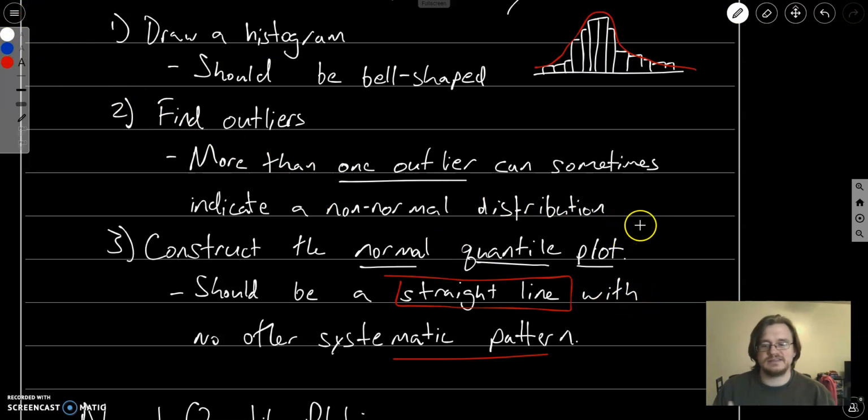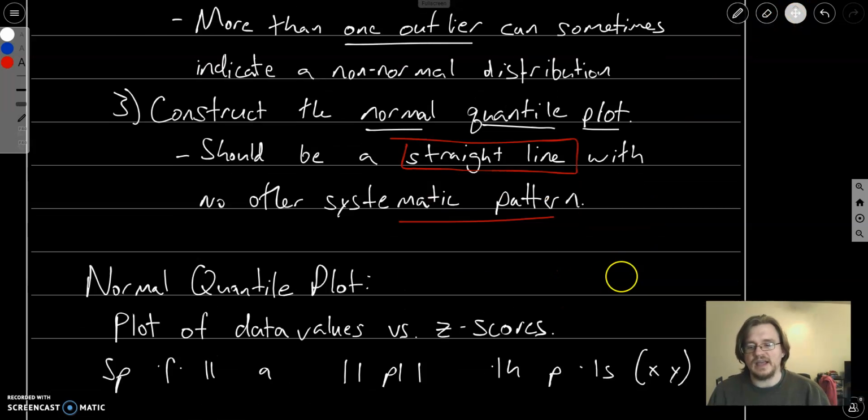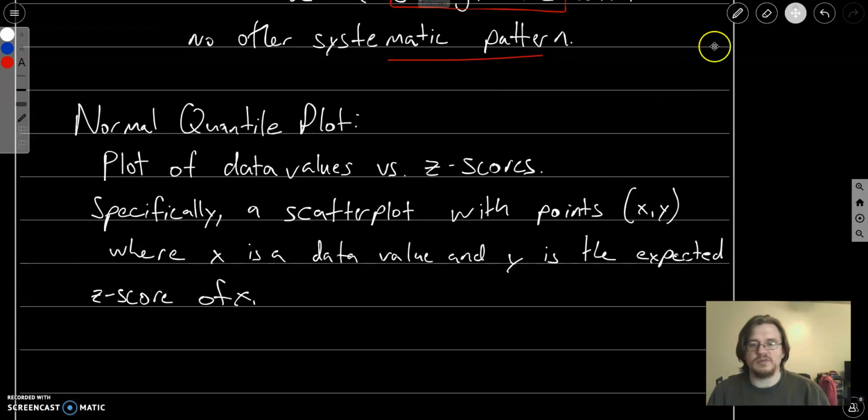So let's define what a normal quantile plot is. A normal quantile plot, roughly speaking, is a plot of the data values versus their z-scores. I should be a little bit more specific. This is going to be a scatter plot.